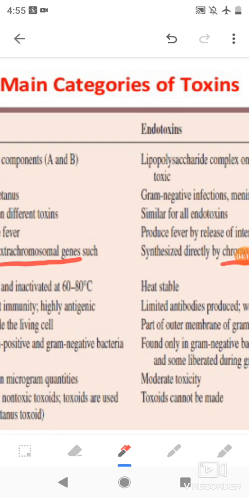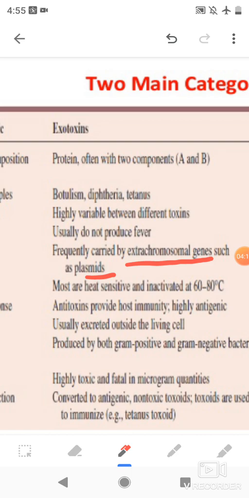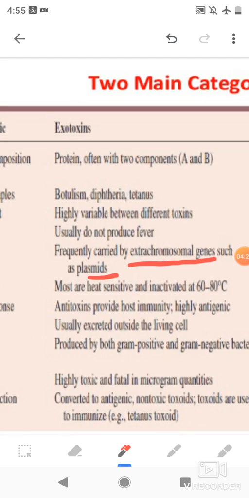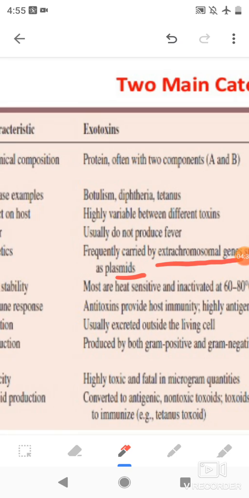Okay. Then next is about heat sensitivity. I already told that exotoxins are heat labile and endotoxins are heat stable. Then about the immunogenic property also, exotoxins are more immunogenic, endotoxins are less immunogenic.